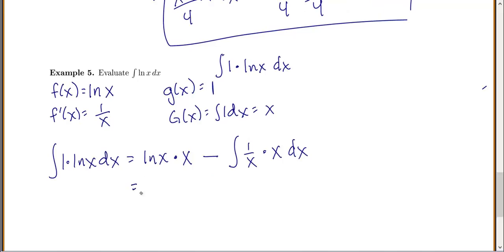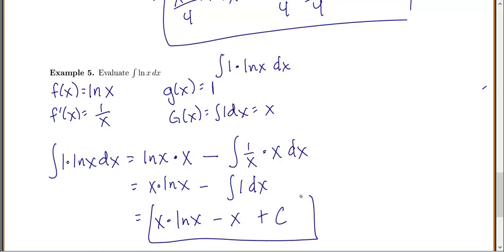Let's see, so this is x times the natural log of x minus the integral. Notice those x's cancel and we have just the integral of 1. That's a very simple integral. We know the integral of 1 is x. So we have x times the natural log of x minus x plus c. That is our formula for the integral of natural log of x. It is fairly complicated, which is why we haven't actually seen it before now.